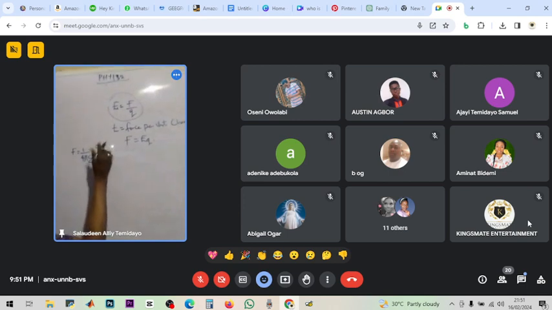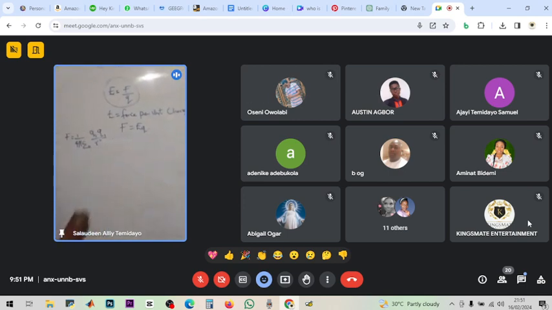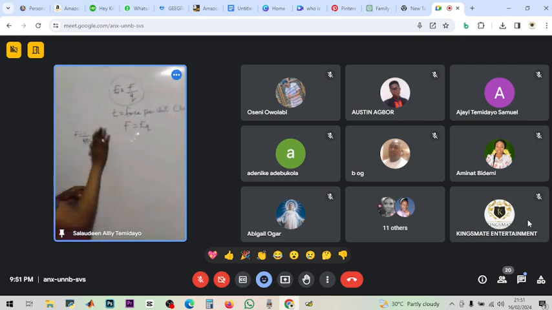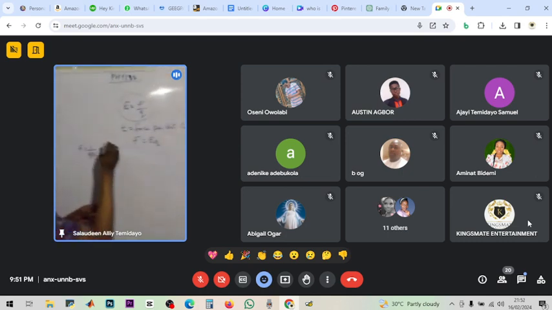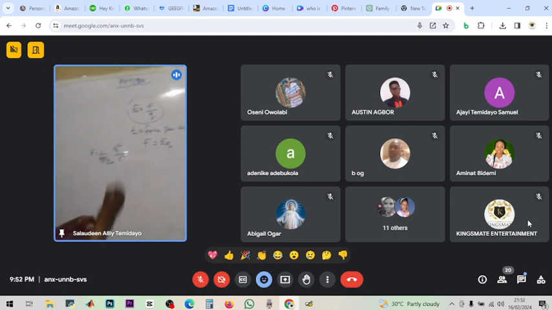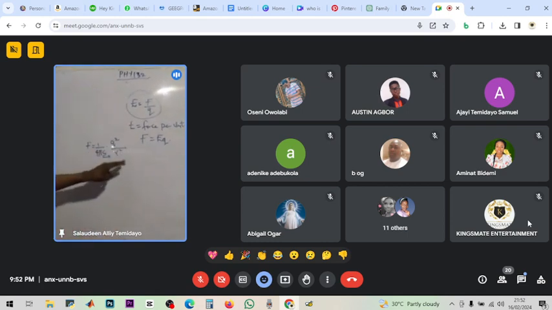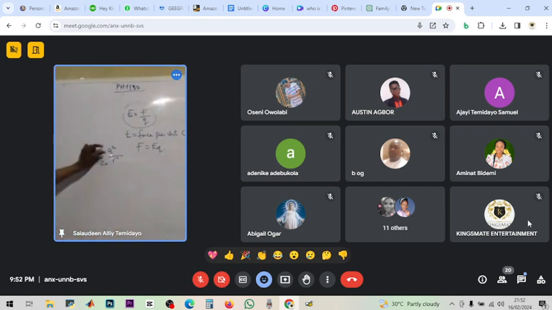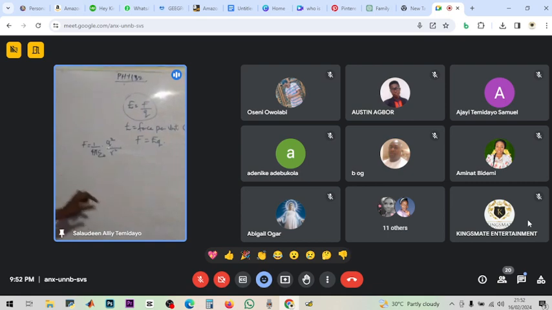So it will be Q1 times that same charge itself, Q2. Q1 times Q1 gives Q squared. So the Q is already the same. That is what we are saying there.